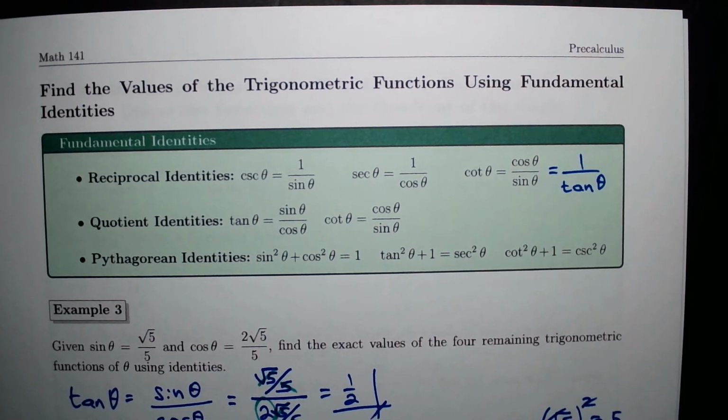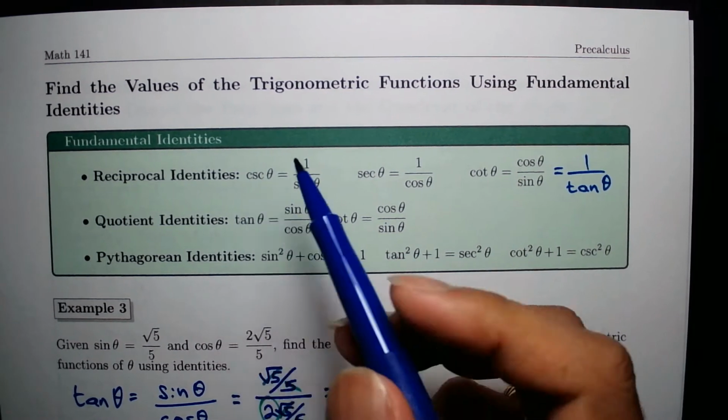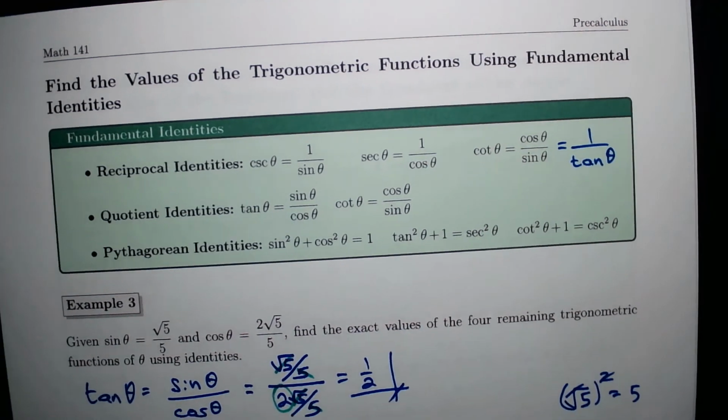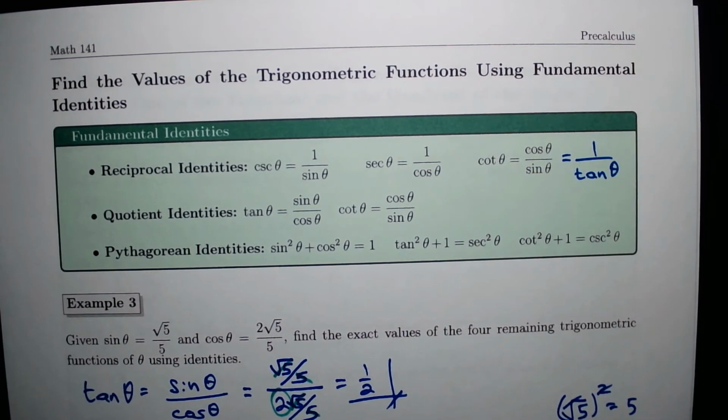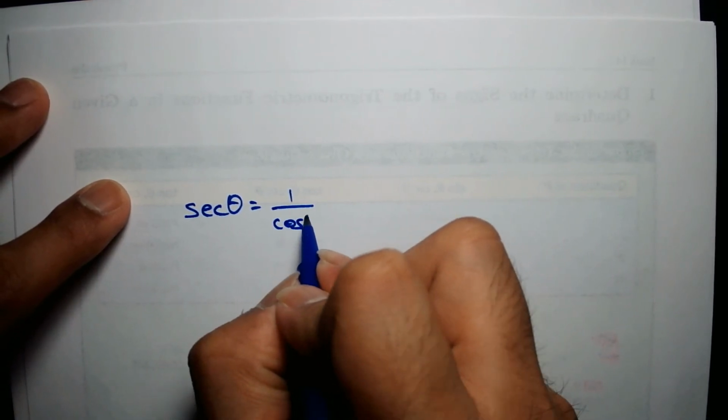In this case, it turns out that secant equals 1 over cosine. So secant theta equals 1 over cosine theta.